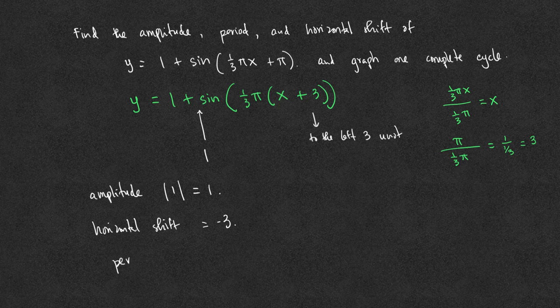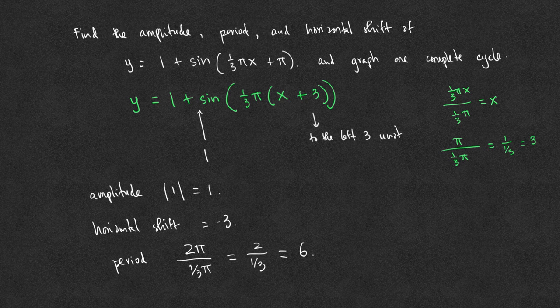The period is always 2 pi over the coefficient in front of x, which is 1 over 3 pi. The pi and the pi cancel out.